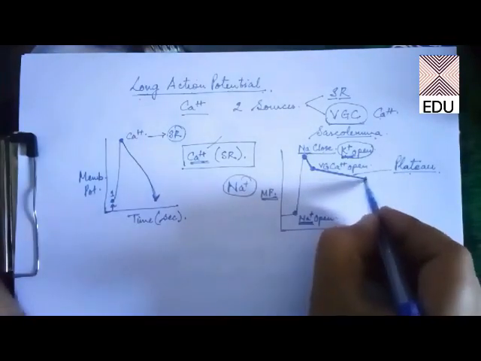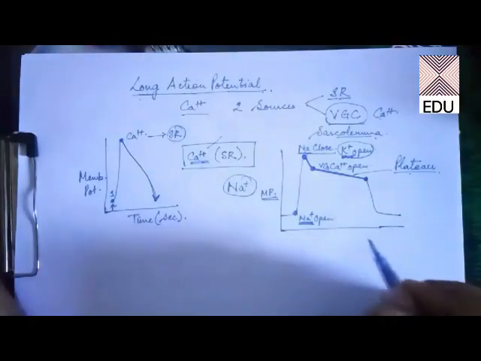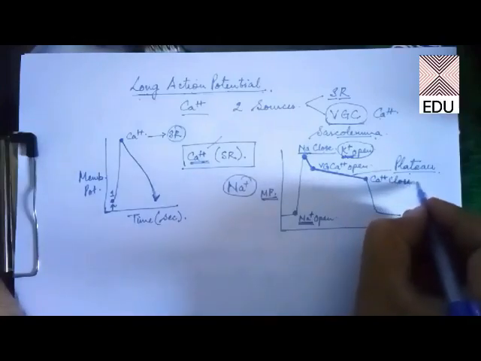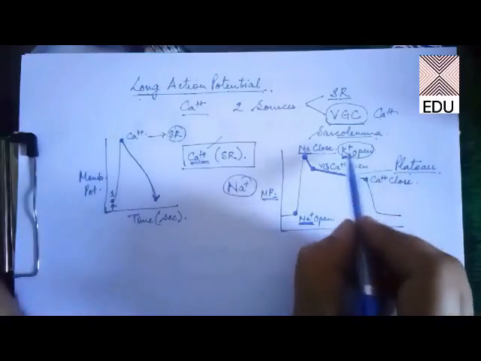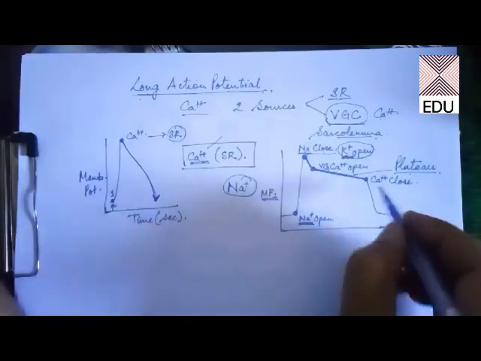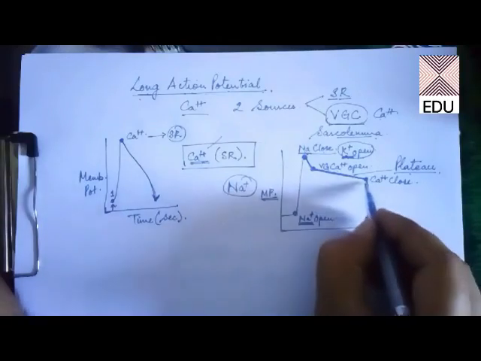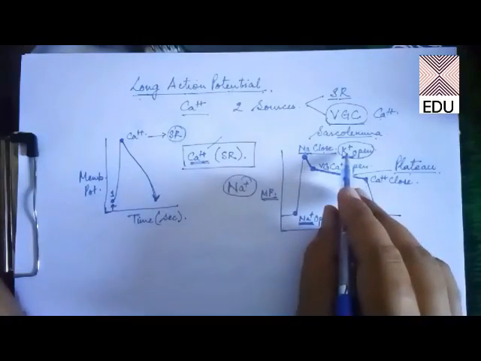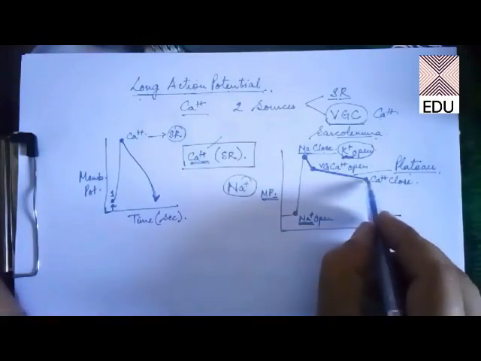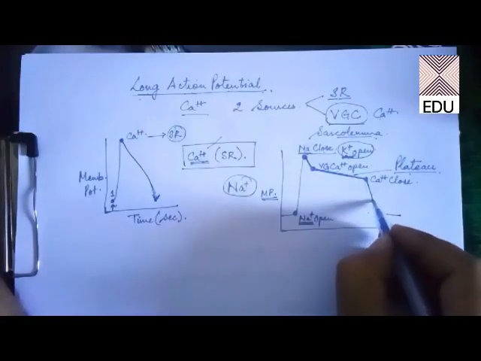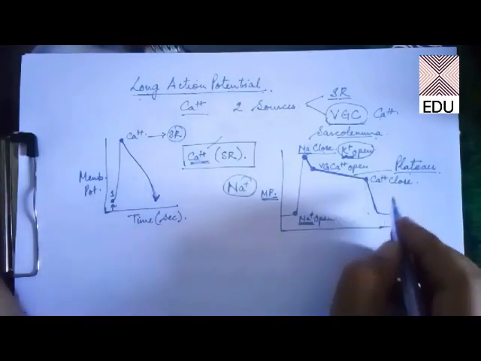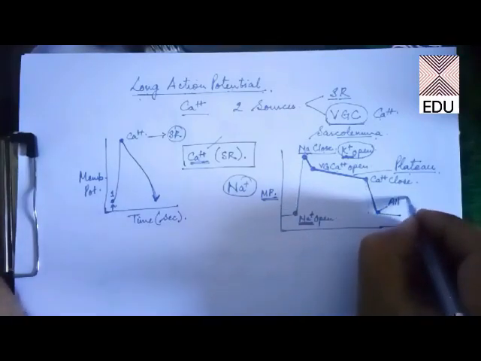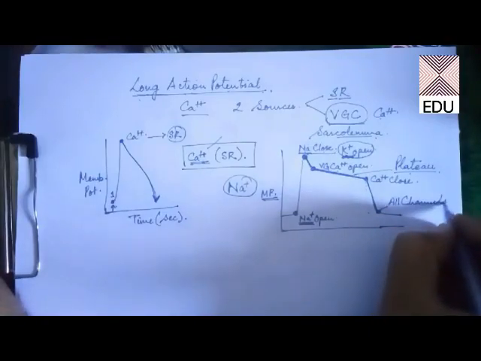Now at this point, what happens? The calcium channels close, but remember, potassium channels are still open. So that's why it is not lost just like this. Due to the presence of potassium, this line goes like this at an angle, but at this point all the channels are closed.